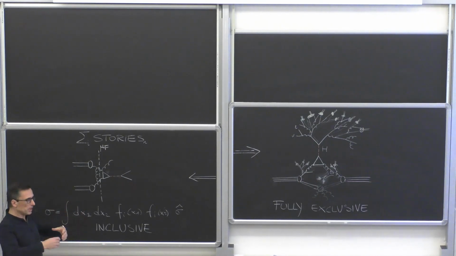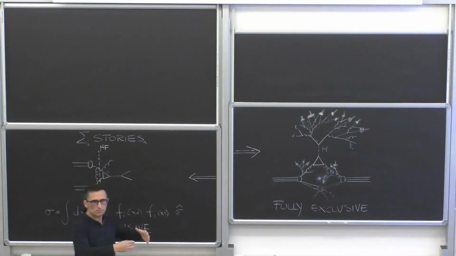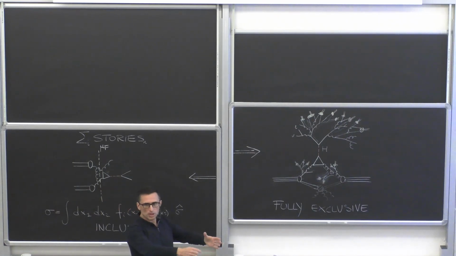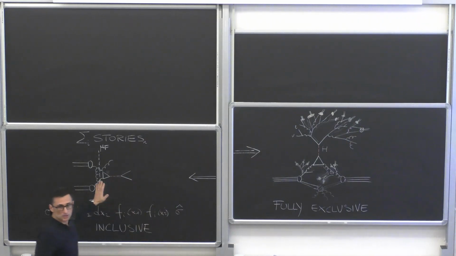So I generate a PDF, a probability density function, and then I generate events with the probability density function calculated from first principles. Then I pick a random number, and I associate a story with the correct probability. Is that clear?